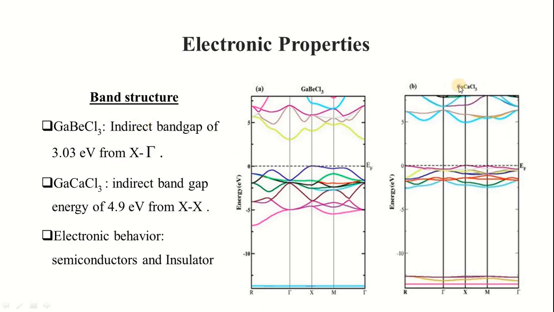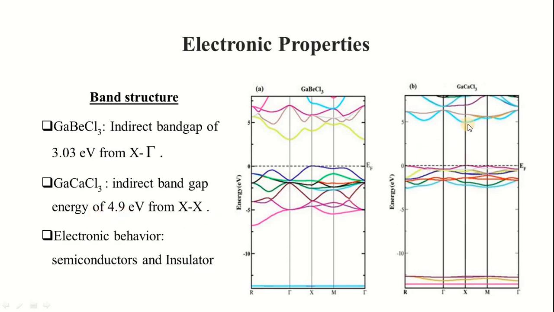On the other hand, if we look at the gallium calcium trichloride plot, we have the valence band maxima at the X symmetry point and the conduction band minima is also at the X symmetry point, which shows a direct band gap of 4.9 electron volt.